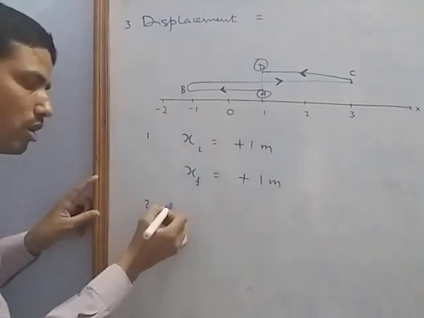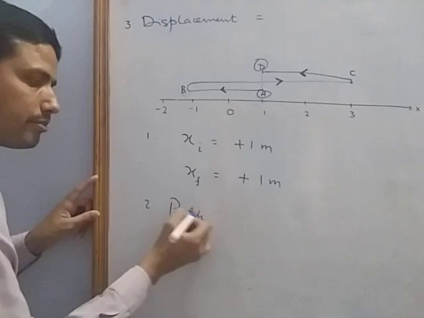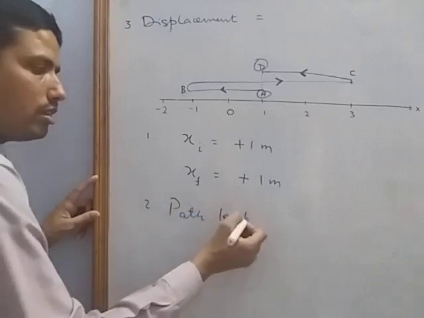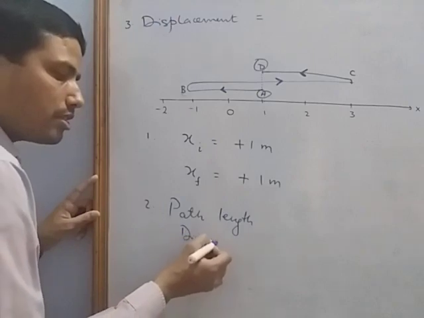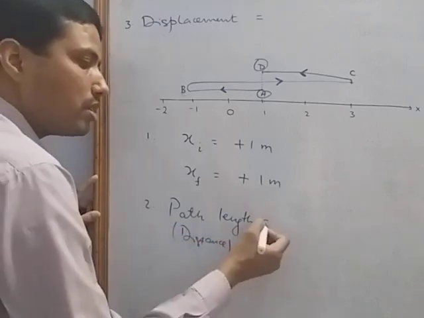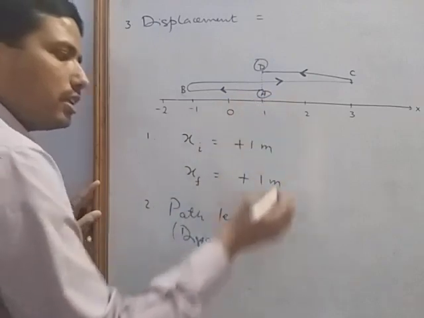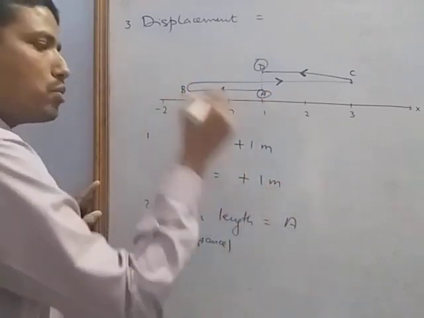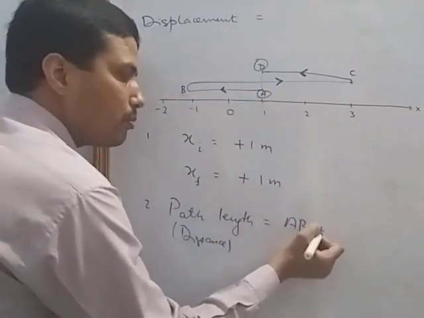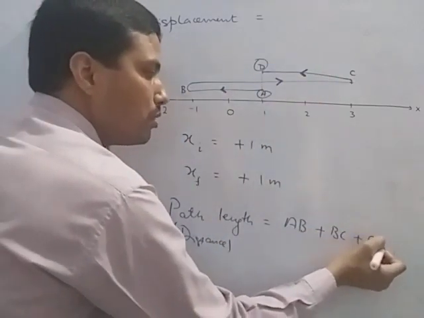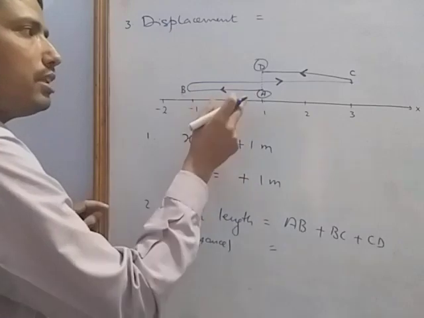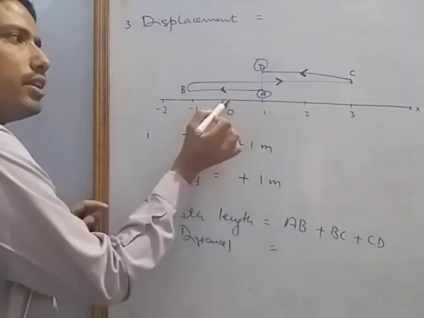Second one, I asked you about path length. So path length is also called as what? It is called distance. What will be its value, students? Just follow the path. It started from A to B plus B to C plus C to D. How much is AB? You just count 1, 2.